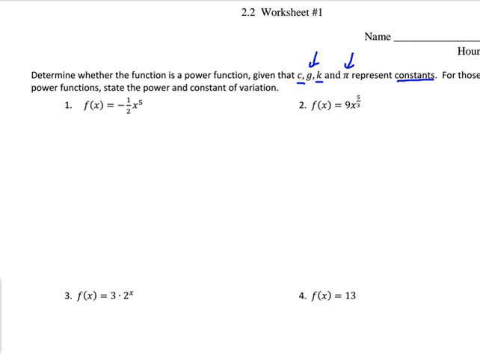So whenever you see them, don't get distracted and think they're variables, because they're not. Only x will be the variable, or any other letter that's not one of these. So actually, if we threw a y in, that would be a variable. But if we use a C, a G, a K, or a pi, those are all just constants, so you just got to think, oh, that's like a number. Yes?